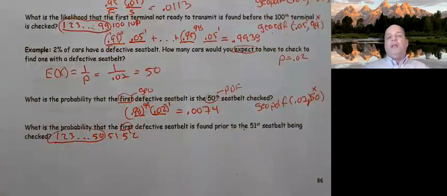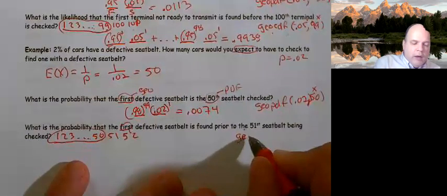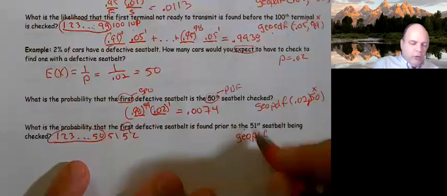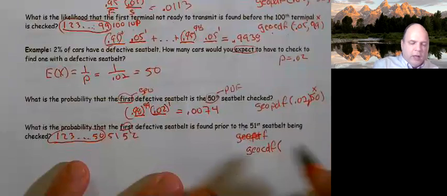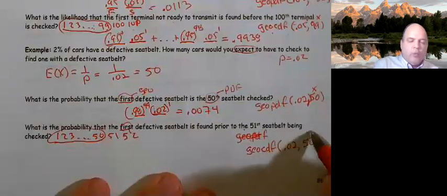So essentially I'm doing a PDF of 1, 2, 3, all the way up to 50, which means I'm working with a geometric CDF because we're combining. All right, so I'm going to rewrite that, Geo CDF, because it's the sum of all the PDFs. Our probability is 0.02, and then our X value in this case is 50 for the calculator, because we're going to go all the way up to the 50th one.